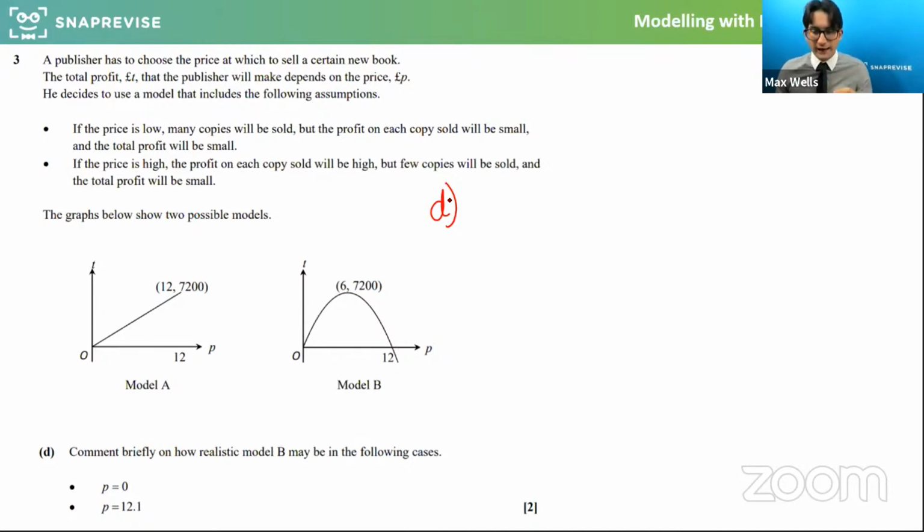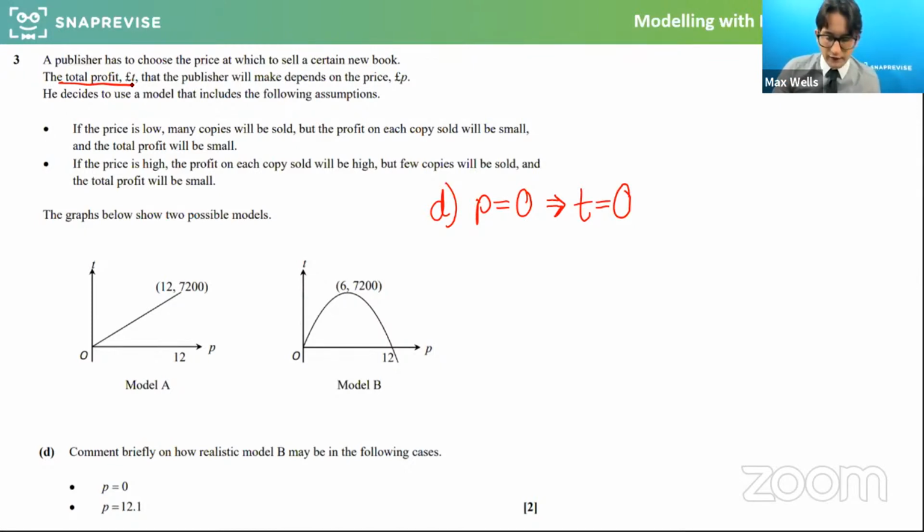This is actually not too bad a question once you've seen a few like this. So when P equals 0, let's look at what's happening. T would equal 0. And T represents the profit.